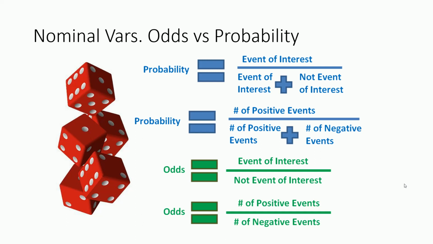Now, moving to the next concept to understand. The next slide is about the concepts of odds versus probability. So let's start with probability first. Probability is defined as this equation here, but let's understand it on dice here on the left side. A dice has 6 sides. Say we want to calculate the probability of getting 3 whenever we throw the dice.